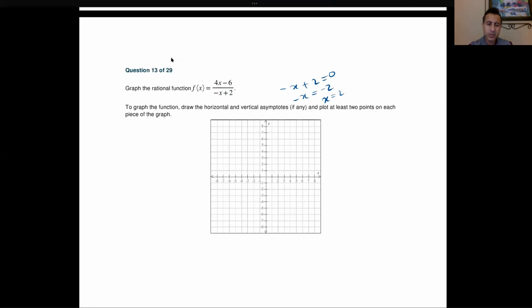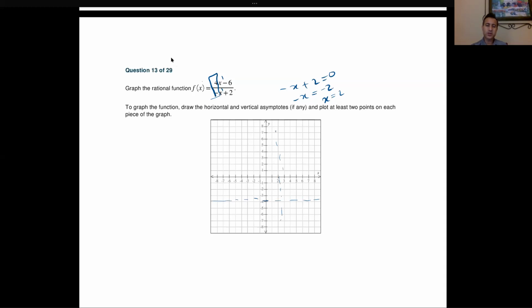We look at the degree. The degree is 1 and 1. They're equal. Anytime they're equal, we take these front numbers. And it's -4, right? So y equals -4, and we say x equal to that.